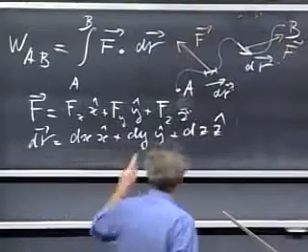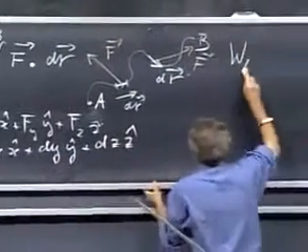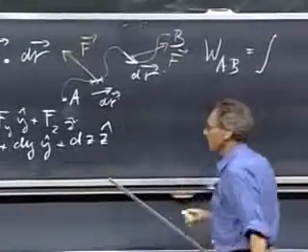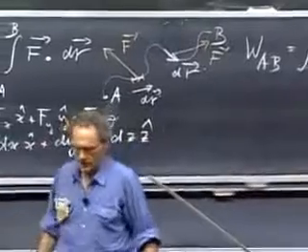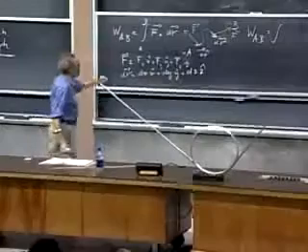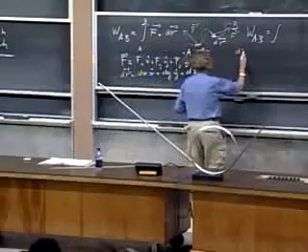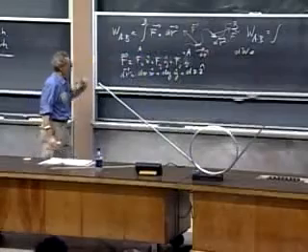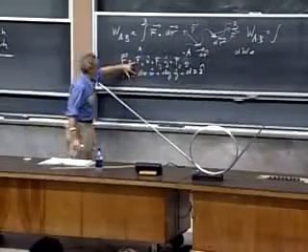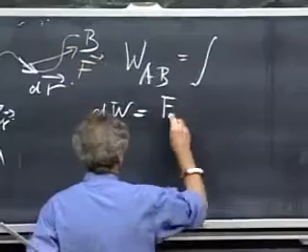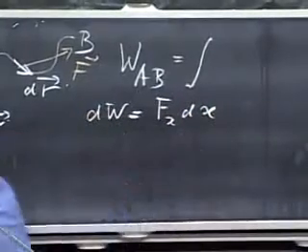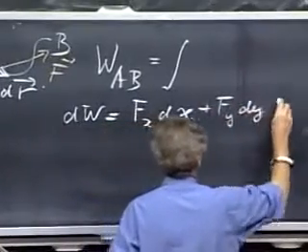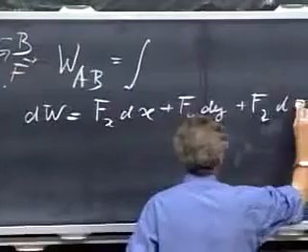So the work that this force is doing when it moves from A to B is the integral of this F dot dr. Let's first take a small displacement dr, then I get dW, that is simply fx times dx, it's a scalar, because this is a dot product, plus fy dy, plus fz dz.